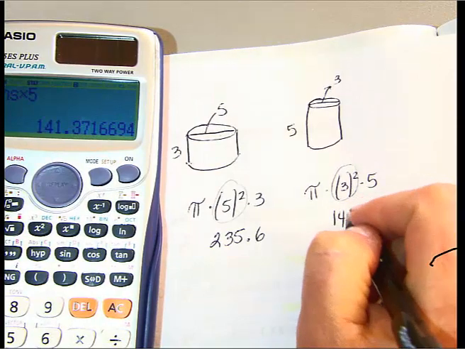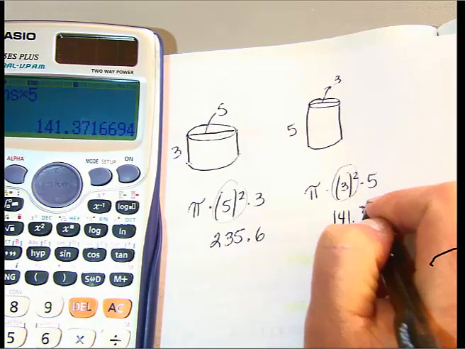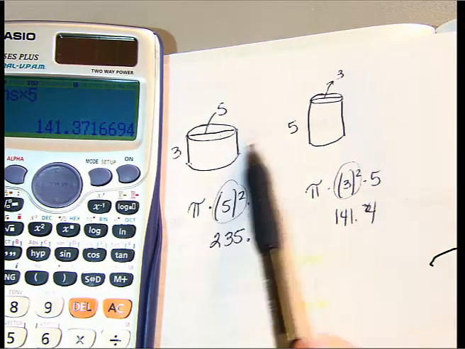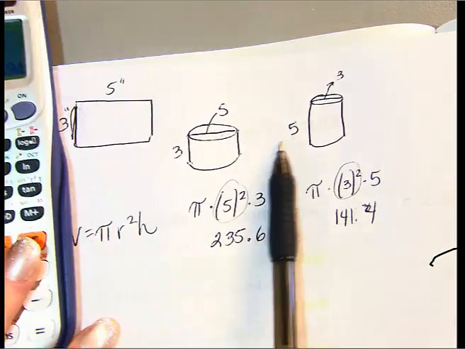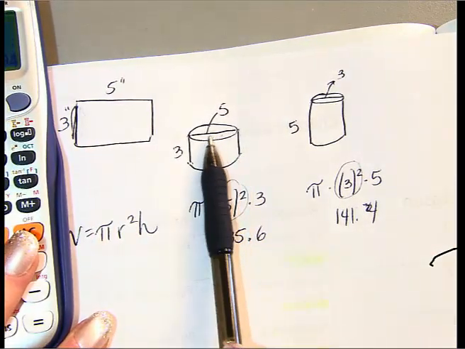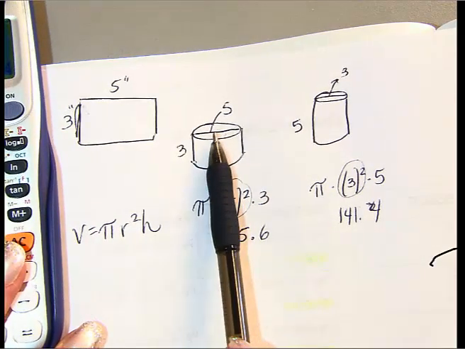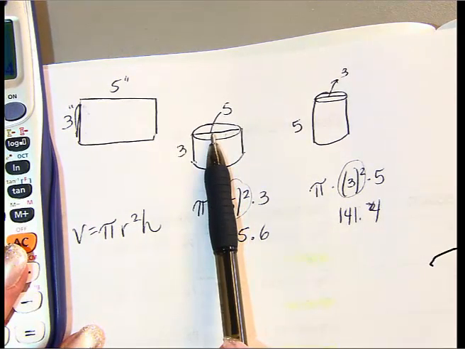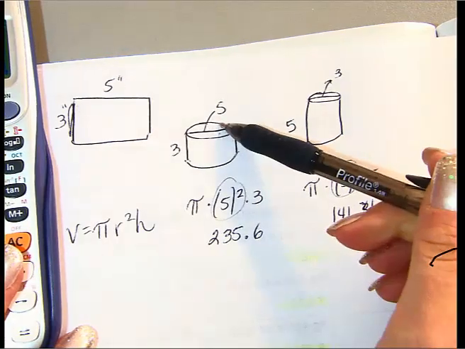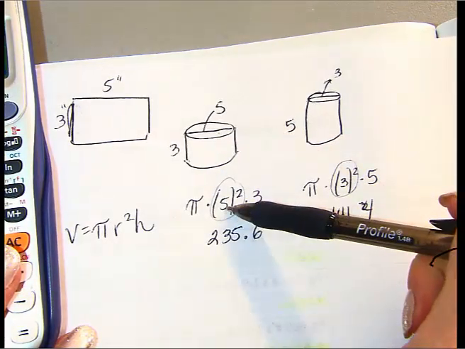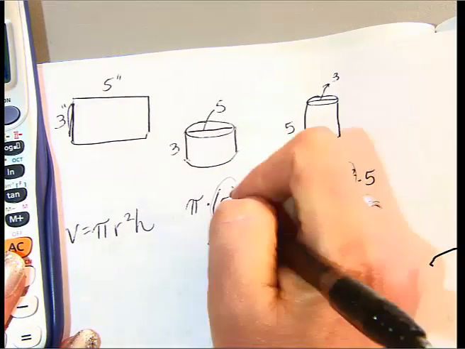So even though they were the same shape to begin with, the one with a larger radius, oh, you know what I did? I made a mistake here. This is my diameter. I just went back and checked that. My diameter was 5, and that's what I used in here. I don't want to use diameter. I want to use radius. So I have to take my diameter divided by 2.